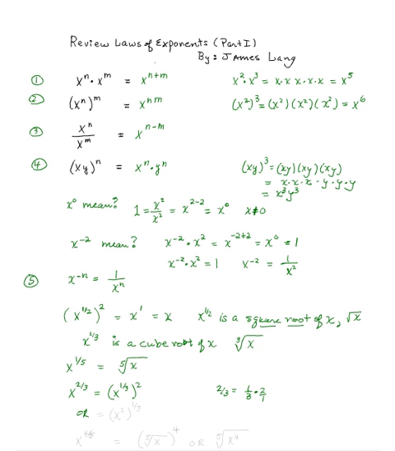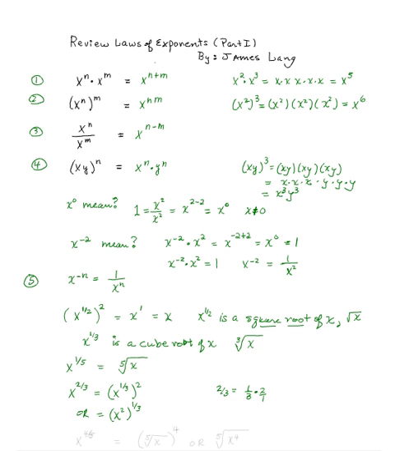Or another way of saying it, you could have said it was x to the 2nd power, x squared, raised to the 1/3. Either way. So the way you think about the fractional exponent then is the denominator of the fraction is telling you what root you're going to take, and the numerator of the fraction, which in this case is 2, is telling you what power you're going to take.